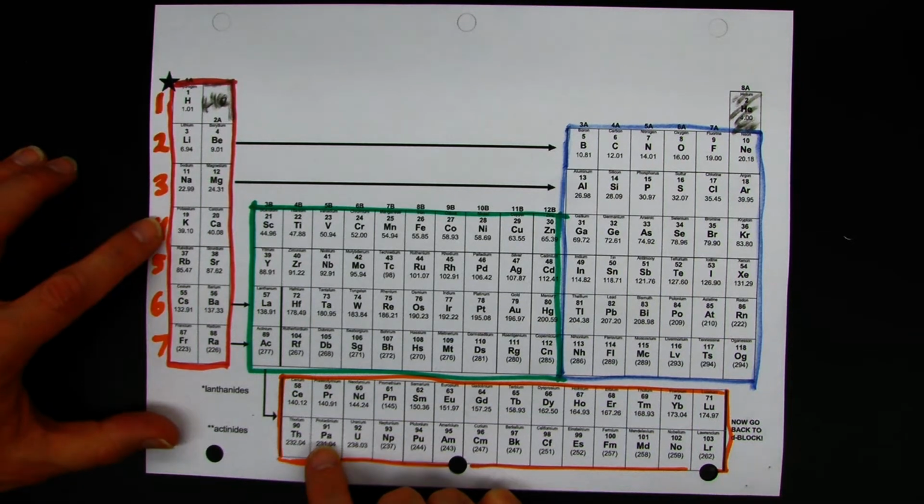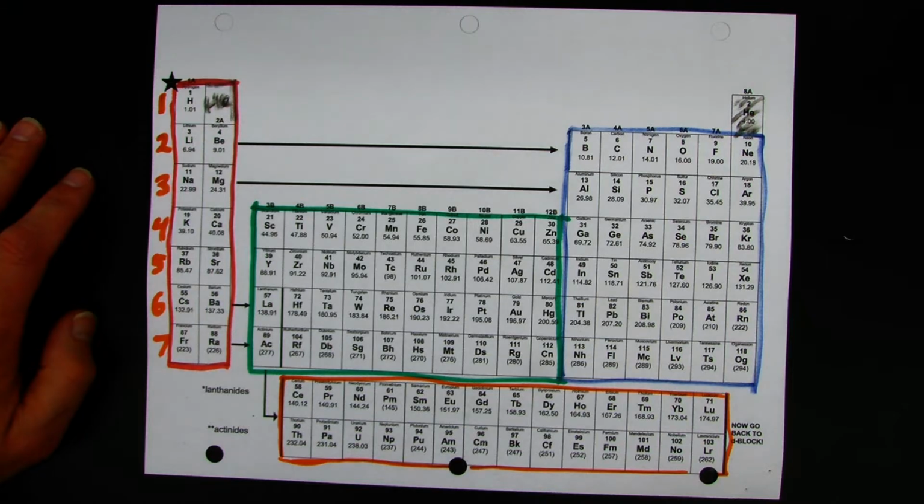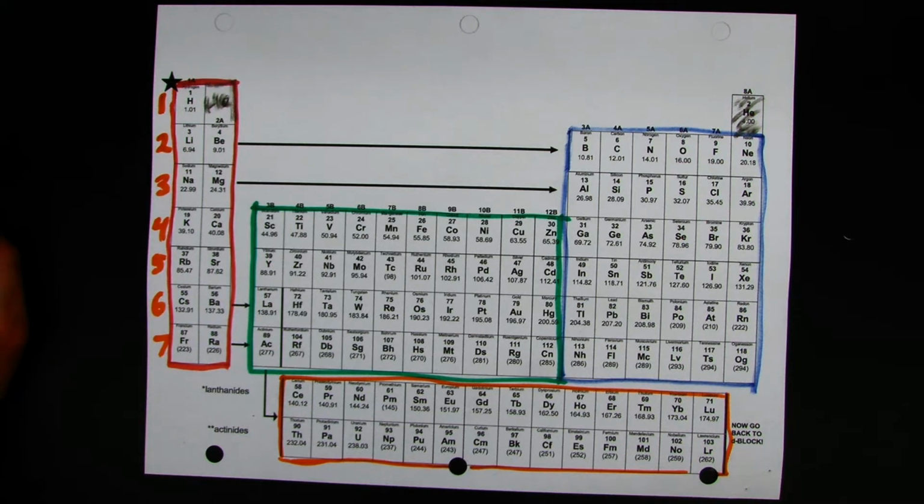So far, so good. Now, let's think about the P sublevel. The P sublevel has how many P orbitals? It has 3, right? You have the px, the py, and the pz orbitals that are oriented in space differently along the axes. And each of those can hold how many electrons? 2.